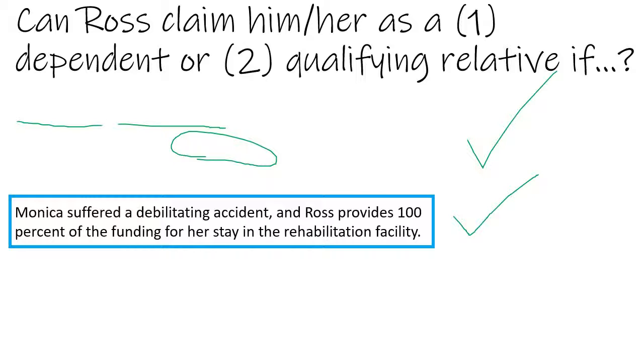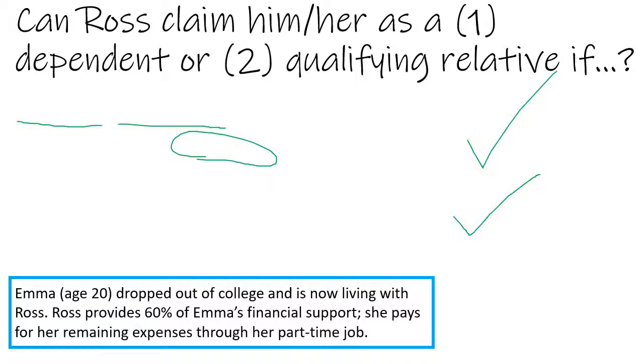The answer is yes. If Chandler is completely out of the picture and Ross provides 100% of the funding for her stay in the rehab facility, she's not earning income, so Ross can claim her as a qualifying relative. And for whatever year the accident occurred, and until Monica gets out of the rehabilitation facility, Ross can claim her as a qualifying relative.